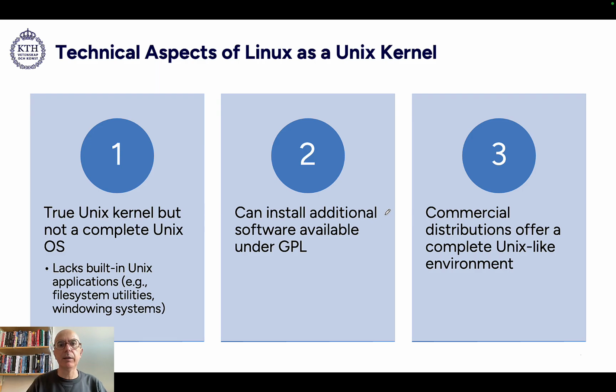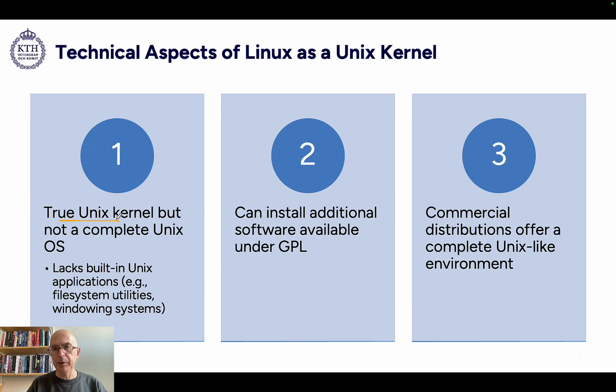There are three technical aspects of Linux as a Unix kernel. As I told you, Linux is part of the big family of Unix operating systems, but there are a few key differences. So Linux is a true Unix kernel, but is not a complete Unix operating system. And why is that?